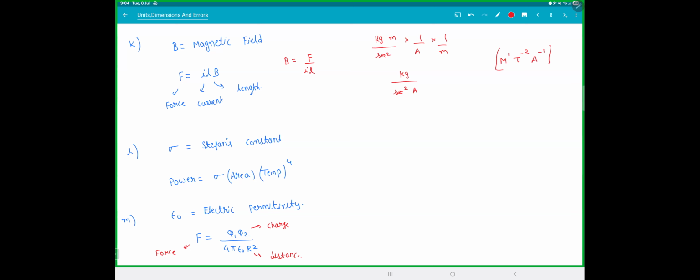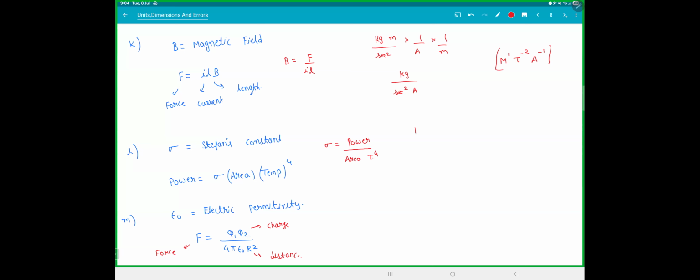Let's get Stephen's constant and electric permittivity. So Stephen's constant is again from thermodynamics. Yeah, most of you did get the K part, magnetic field. Again, what is sigma? Sigma is power by area t power 4.